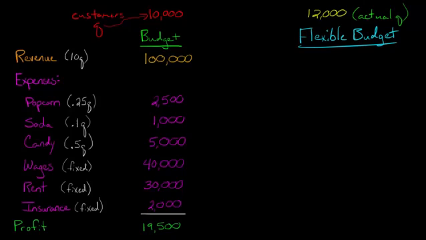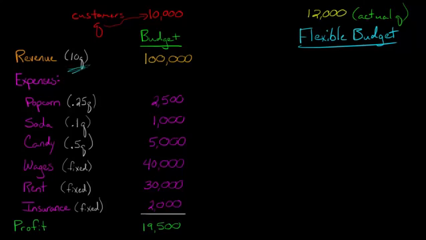In our original budget, we said 10Q is going to give us our revenue. And now that we know the actual Q, let's figure out what our revenue should have been given the actual Q. Given that we know it was 12,000, what should we have expected it to be?